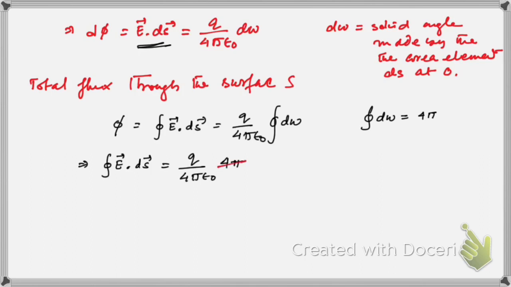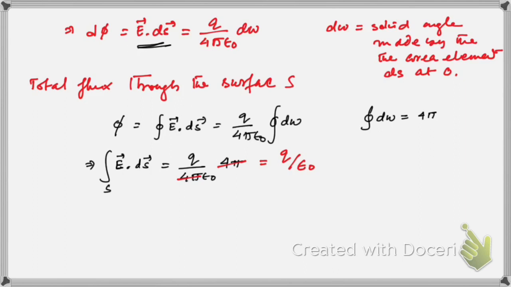So here 4 pi cancels, so we are left with Q by epsilon naught, right? You can write this surface integral like this as well. You can put here S, right?